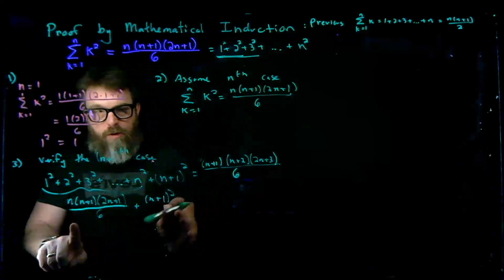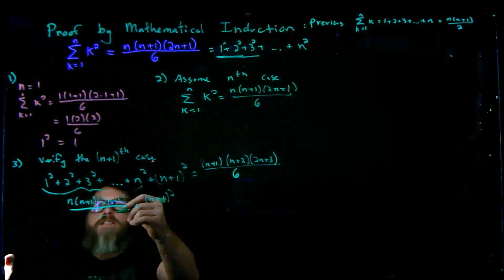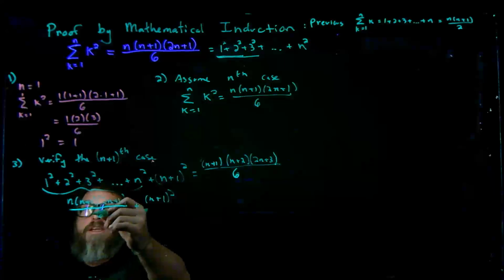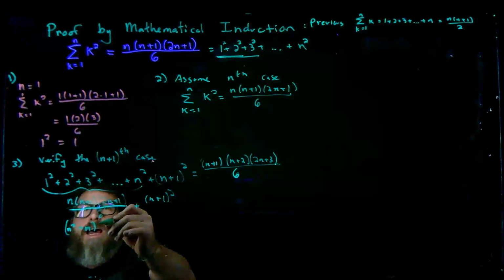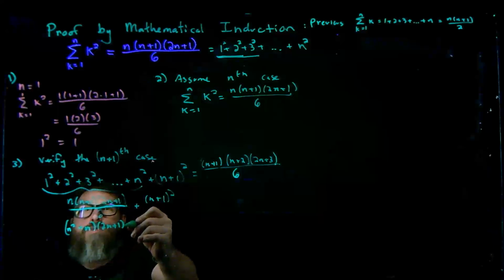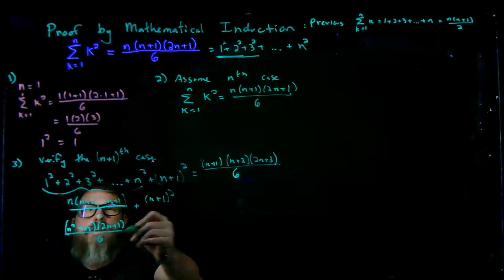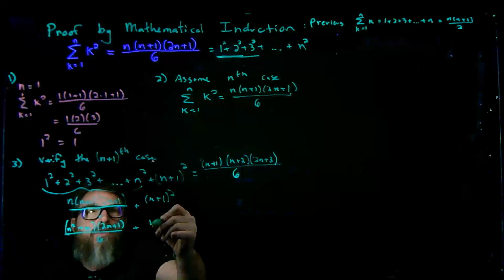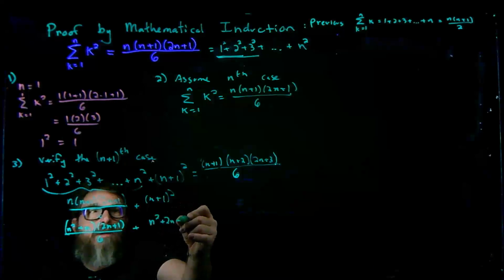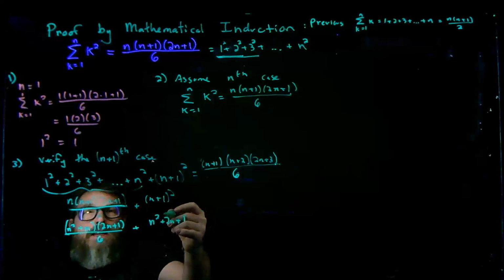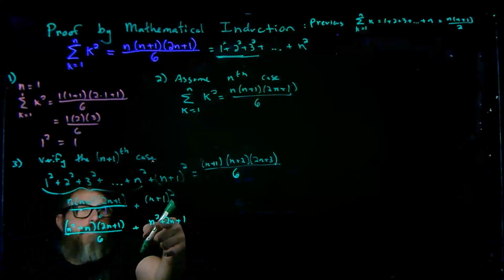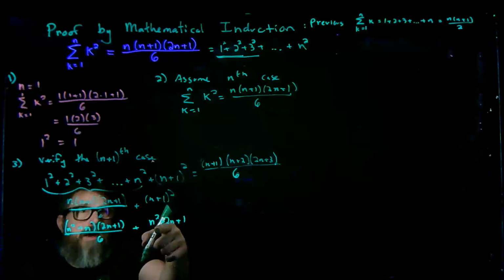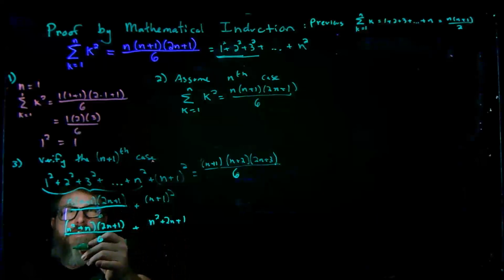So starting here, what we have is this. I'm going to distribute this. This is going to be equal to n squared plus n times 2n plus 1 all over 6, plus n squared plus 2n plus 1. Now, in order to get common denominators, I'm going to multiply top and bottom by 6, and I'm also going to expand this thing.